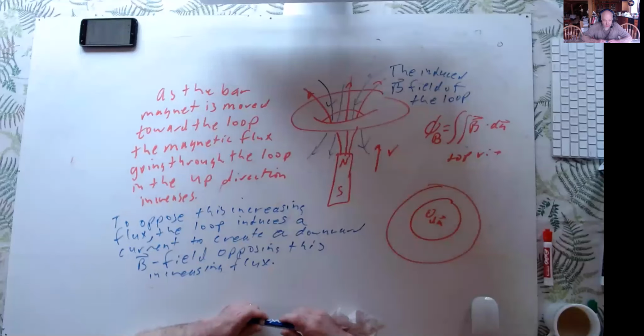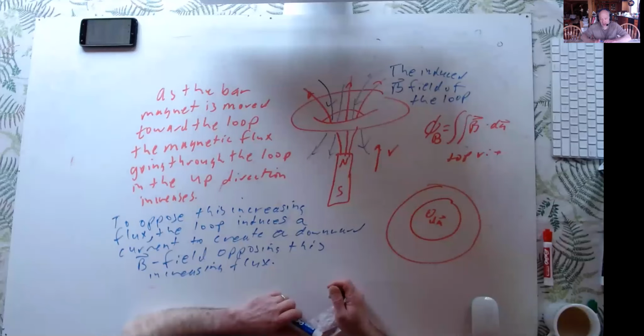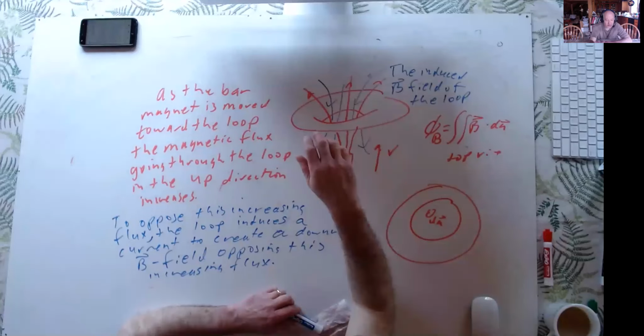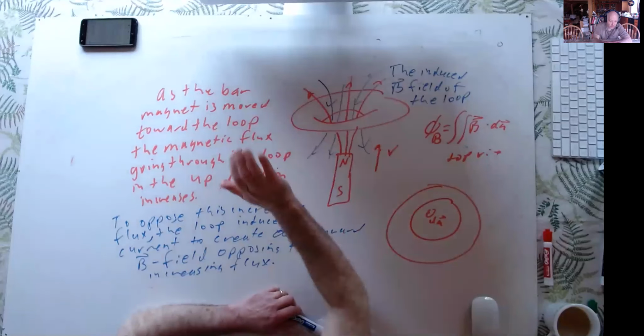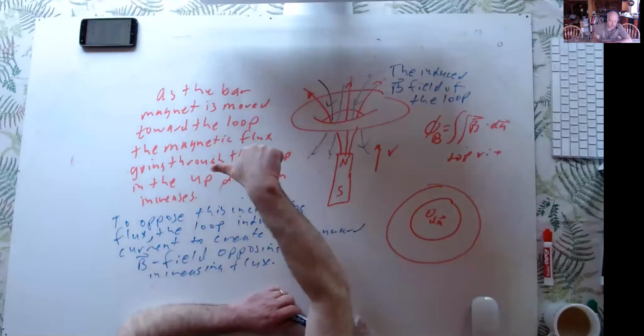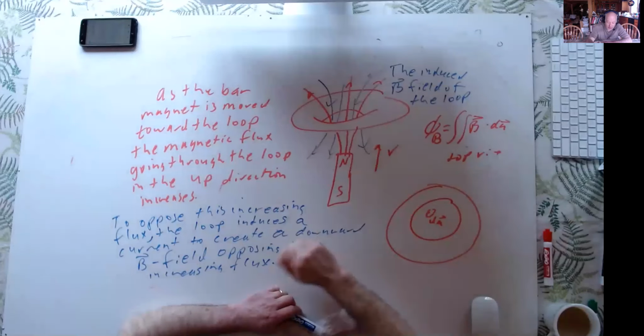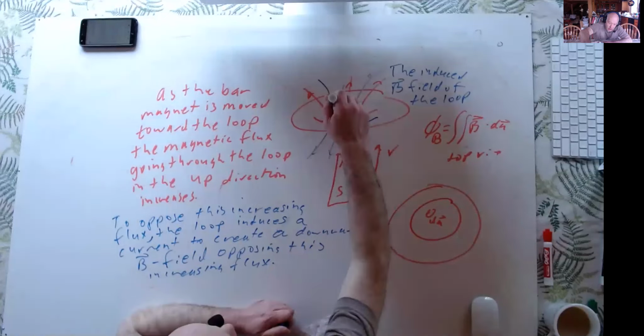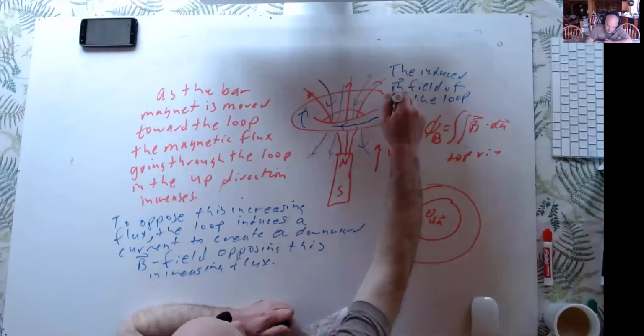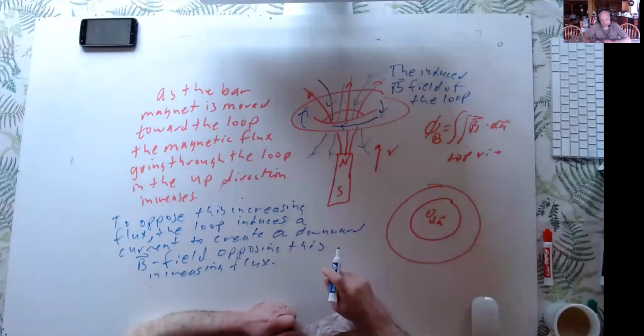Fingers in the direction of B. Yes, that's exactly what you do. Remember we had the one that said if the current was going in a certain direction, we wrapped our fingers in the direction the current went, and our thumb points in the direction of B? Well, here, we have B. So I point my thumb in that direction, and my fingers wrap in the direction of that induced current. So that induced current has to go like this. That's how we got that.